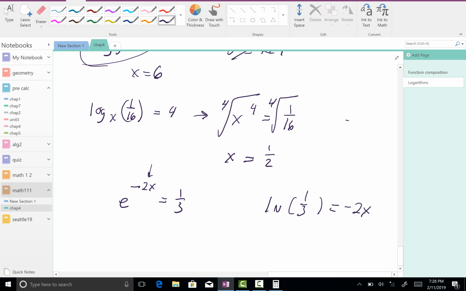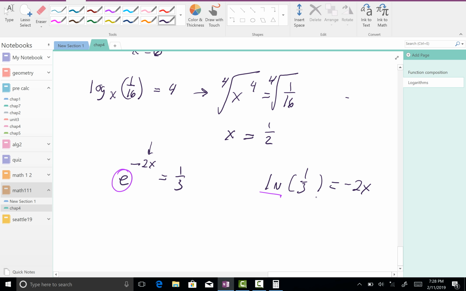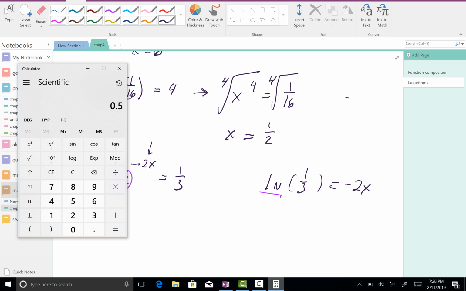-2x. So here we're saying, okay, so now I just kind of went backwards and wrote it as a logarithm. E is the base, so that's going to be a natural log. Okay? So now it's just to go ahead and work this out. So I need the natural log of 1/3. Let's see, maybe if I push this, I'll find natural log.